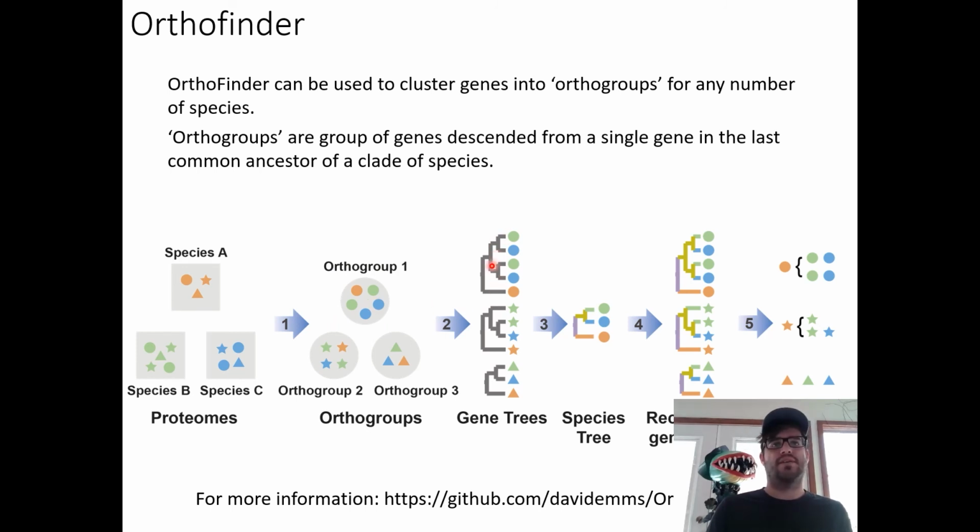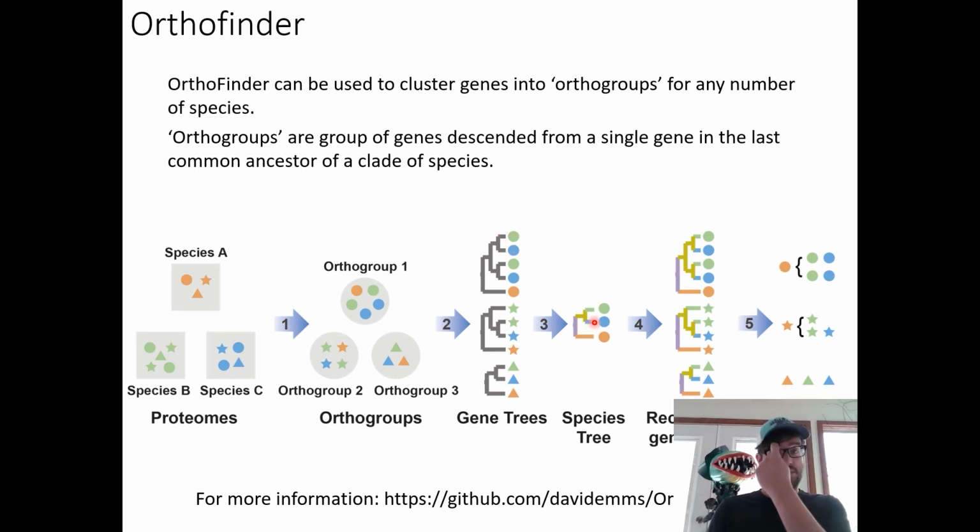So we can make a phylogenetic tree of how these genes compare to each other. And so for instance here we might say that if these genes here are from species A and species B, species B in green and species C in blue, we would call this an ortholog to each other, and then these would be paralogs.